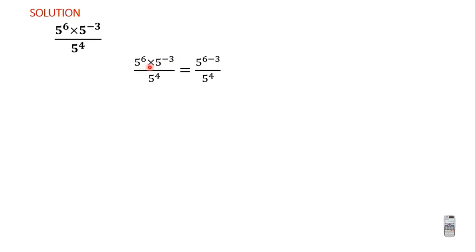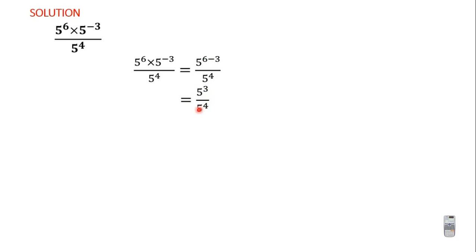They have the same base, so you write one of the bases, then we add the exponents. 6 plus minus 3 will give us 6 minus 3. The denominator, we only have 5 exponent 4. So you solved what is on the numerator. This is going to give us 5 exponent 6 minus 3, which is 5 exponent 3.